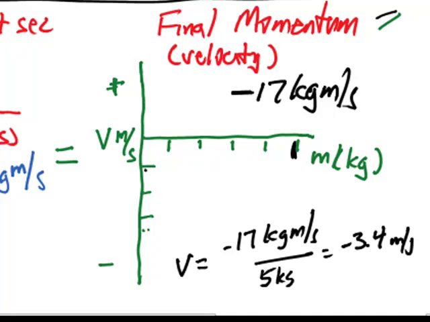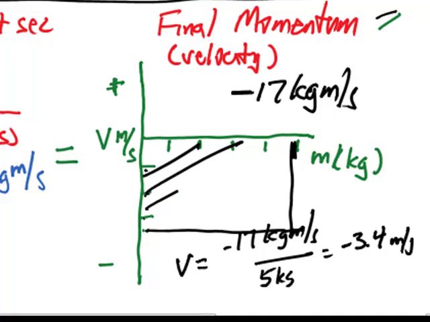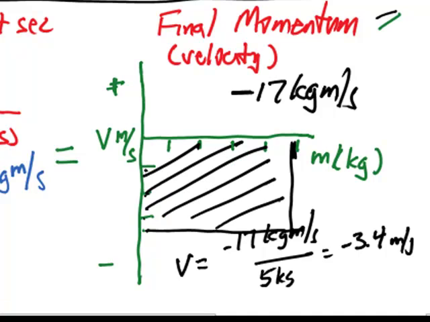So 1, 2, 3, 3.4, somewhere around there. The area is minus 17 kilogram meters per second, and the velocity, negative 3.4 meters per second, or its velocity is to the left.